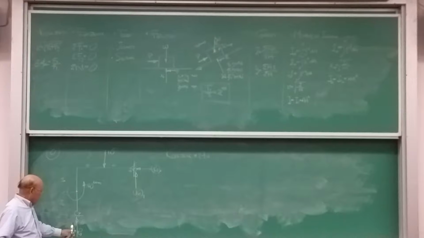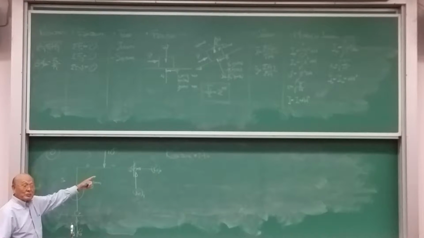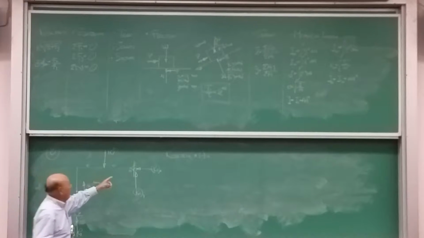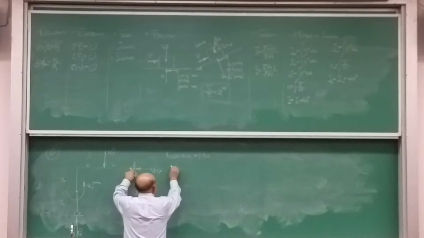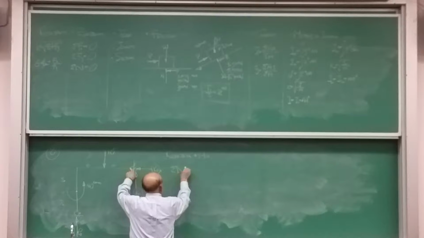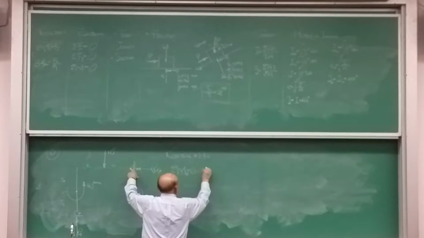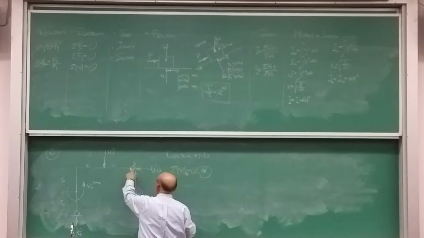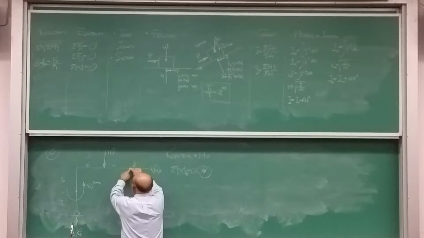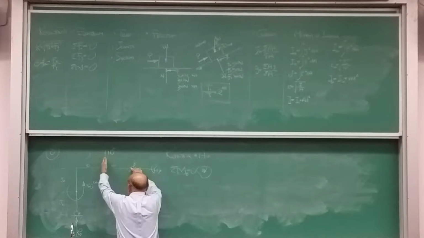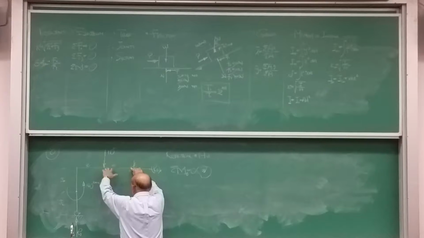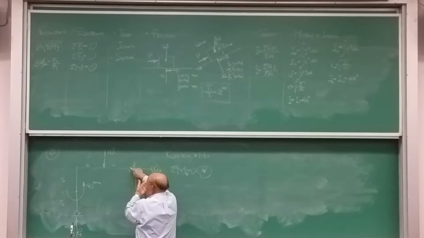We want to find the reaction at A, that's the question. So I'm going to take a moment about B. It'll be minus 10 times 10, going this way, negative.